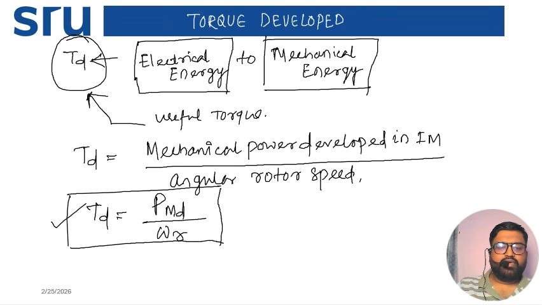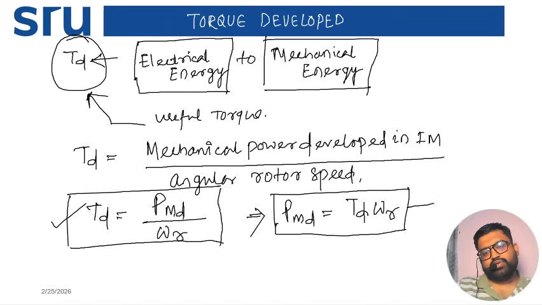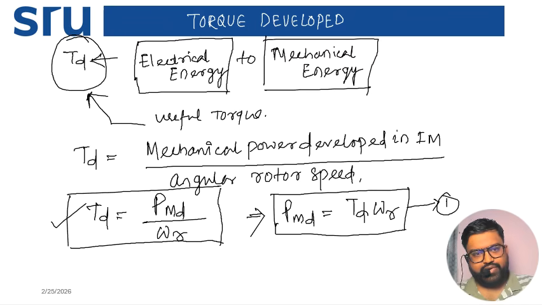And this may be further derived: the mechanical power developed PMD equals TD into omega r. This is the first equation you can remember. Okay, next slide.